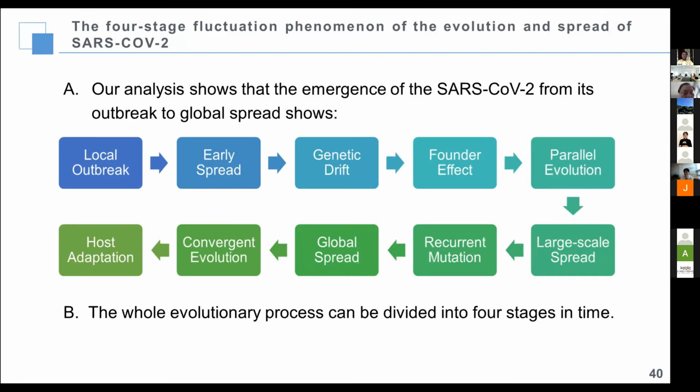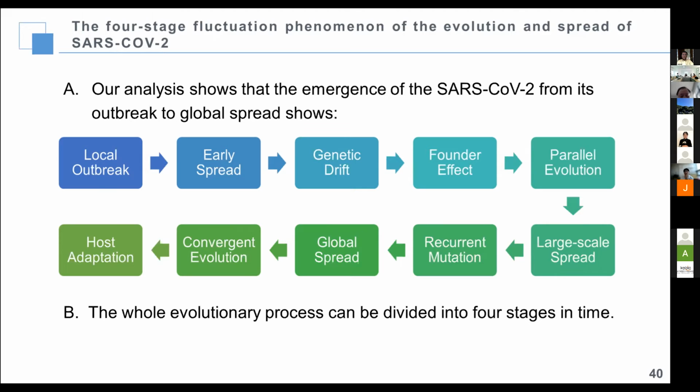For example, from local outbreak to early spread, we can find very exact evidence for genetic drift, the founder effect, and also parallel evolution, and the large-scale spread, recurrent mutation, and the global spread, and convergent and close adaptation.